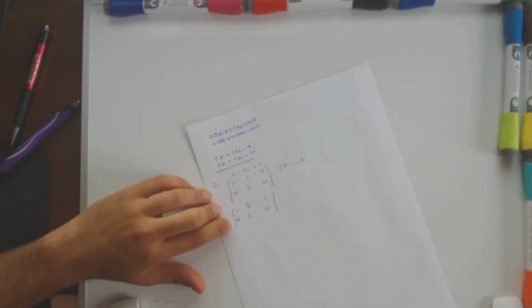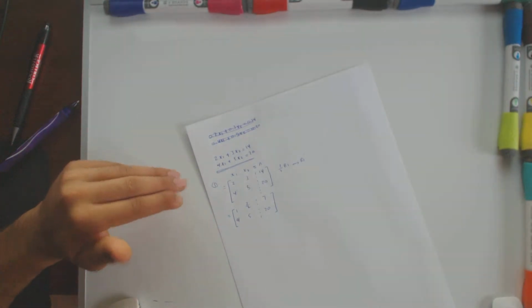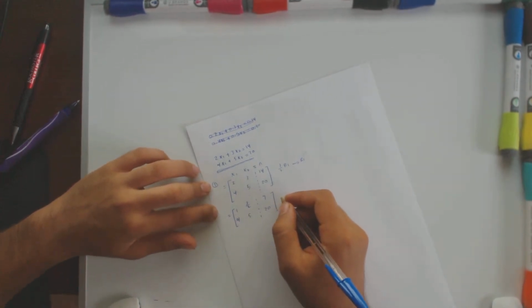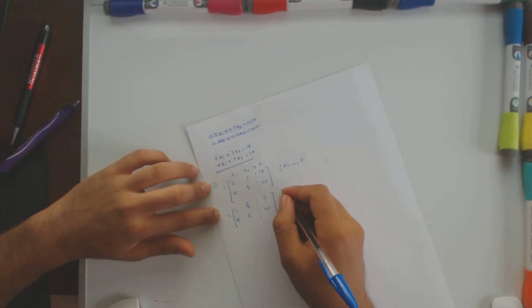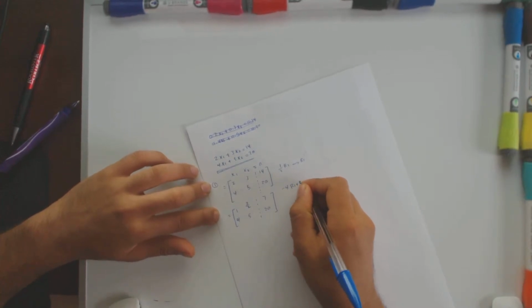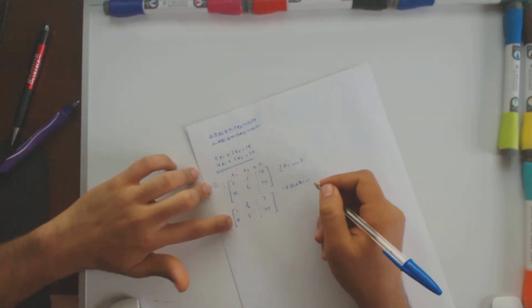Now let's try to make this one 0, because anything below and above 1 must be 0. So let's say -4 times R1 plus R2, it will give us a 0 in the place of 4.